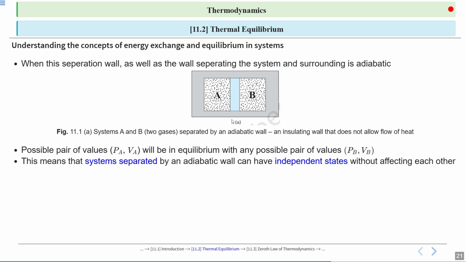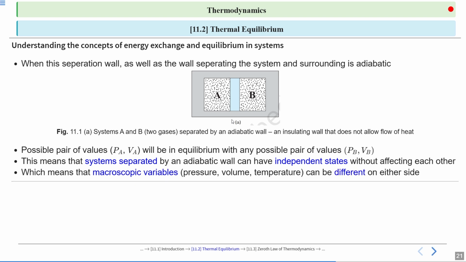This means that systems separated by an adiabatic wall can have independent states without affecting each other. Since these states are independent, there is no exchange of heat energy between the systems, which means that macroscopic variables like pressure, volume, and temperature can be different on either side: for system A, pressure PA and volume VA, and for system B, pressure PB and volume VB, due to the separating wall.